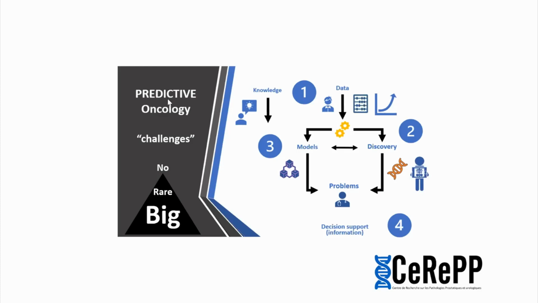But we also use models using current knowledge about prostate cancer, in order to provide a model to solve a problem, in order to provide decision support and information for clinicians or for a patient.